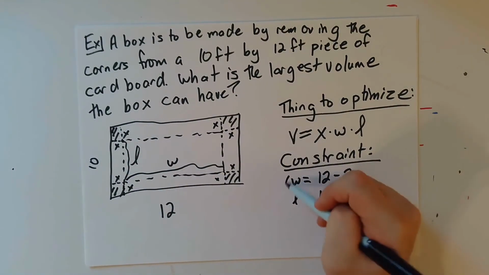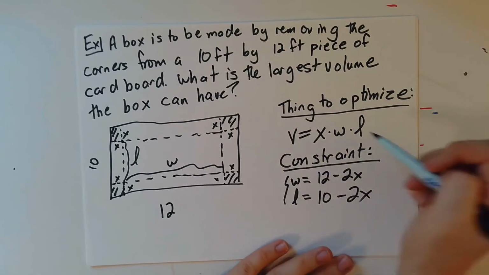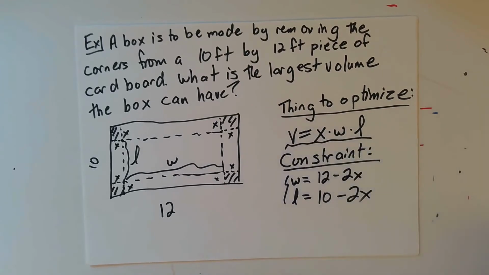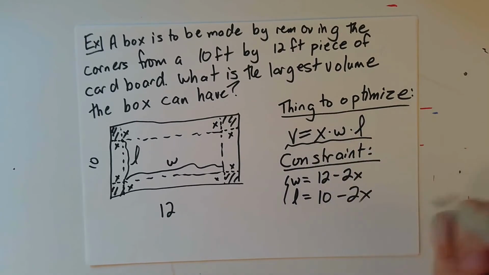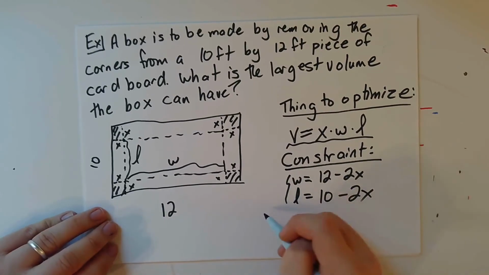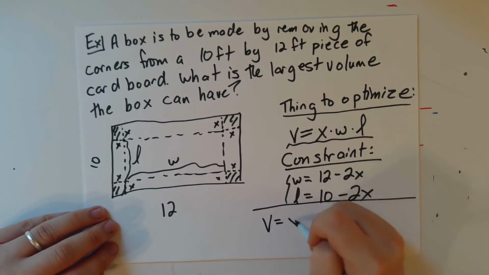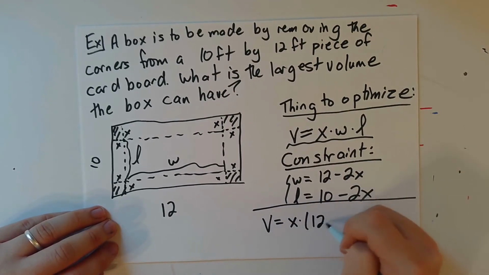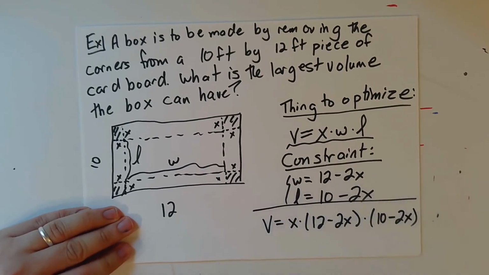So there's actually two constraints here, one for the width and one for the length, which comes from the fact that the volume in this case is three things multiplied together. But conveniently, I can plug these things all back into the volume, and then I will get from this that the volume is x times 12 minus 2x times 10 minus 2x.